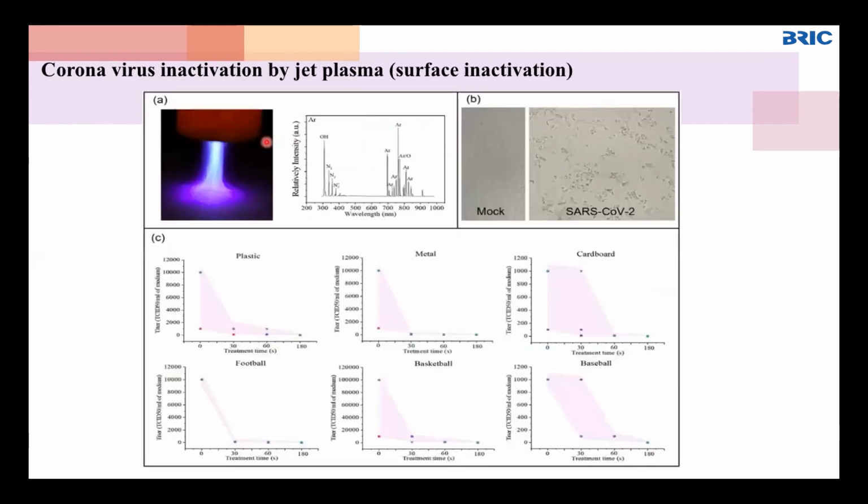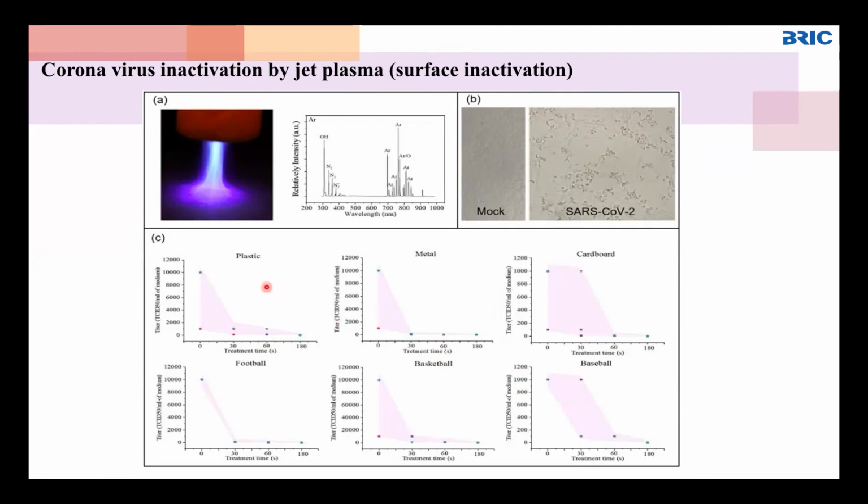And now I will tell you about some other studies we did on coronaviruses. This is one study by the plasma community in which they inactivated viruses on surfaces, because infection was always through surfaces, touch, or direct exposure to infected patients. So we checked plastic, metal, cardboard, football, basketball, and baseball.